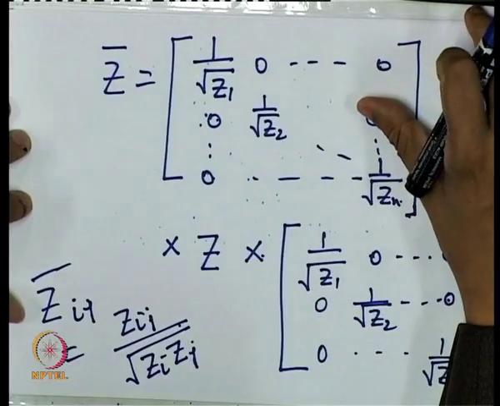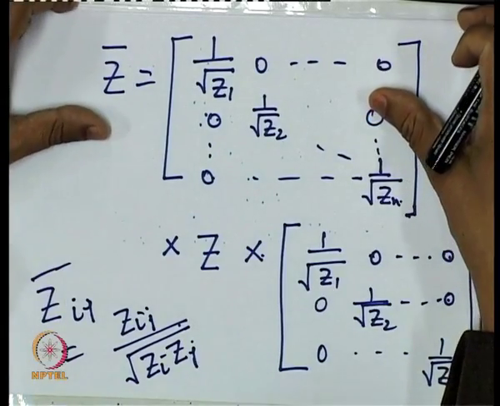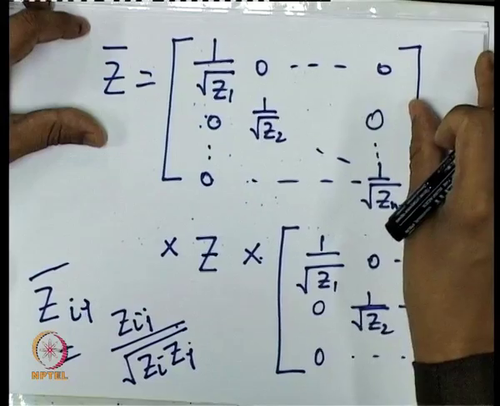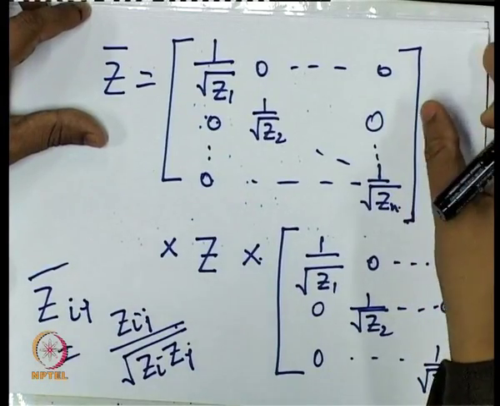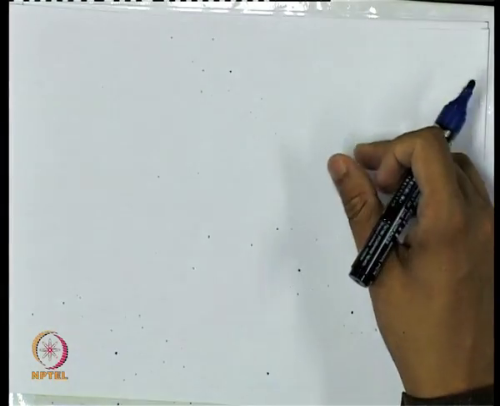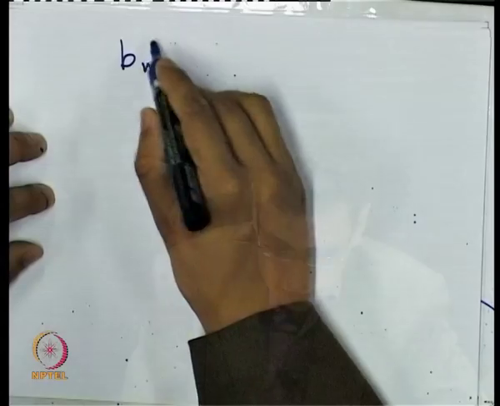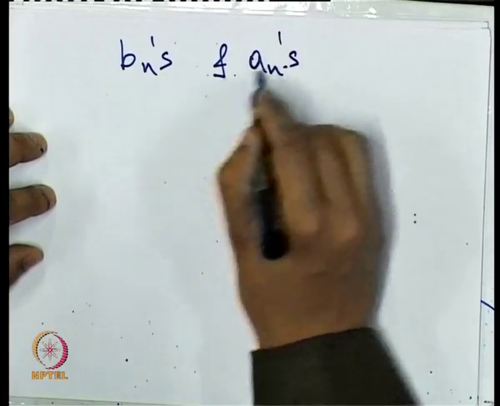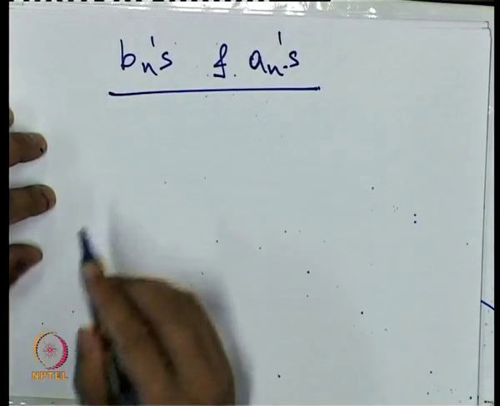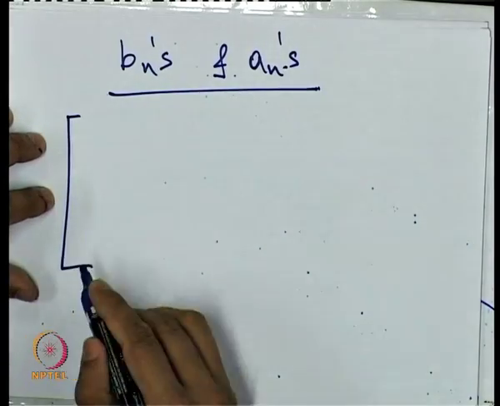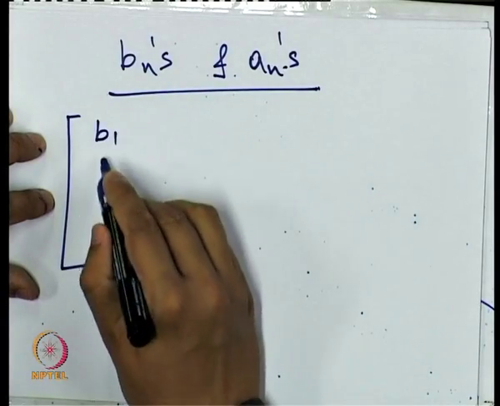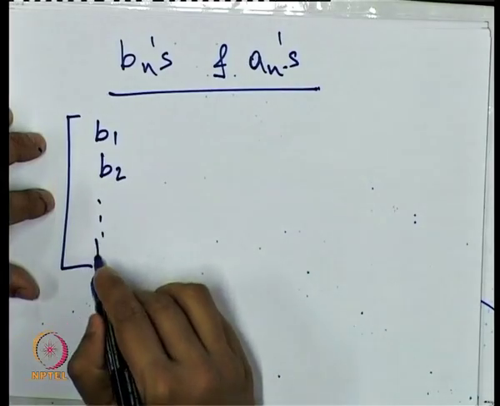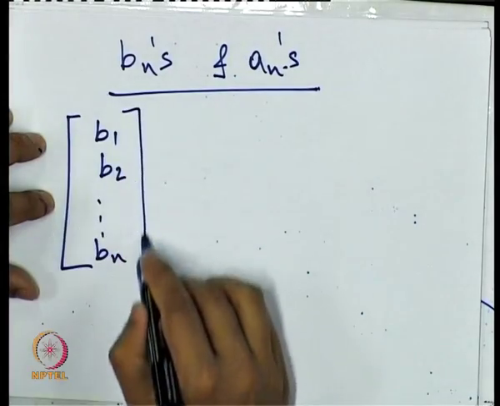So, then we can see the input and output, or the incident and reflected waves, are given as An's and Bn's. Now, if we write a matrix relating the B's to the A's like this, so these are the values.